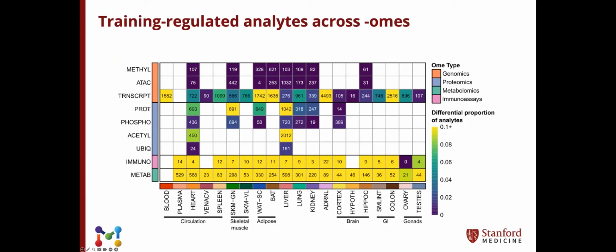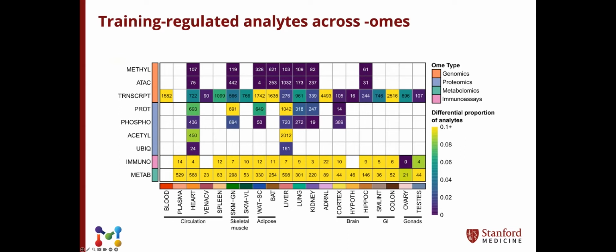We have run proteomics on 7 different tissues, phosphoproteomics also on 7 different tissues. And then there are 2 tissues that have also been analyzed for the acetylome as well as the ubiquitinome. So heart and liver are the 2 tissues that have been assayed the most across all the different omes.